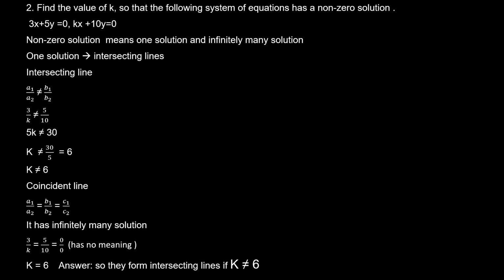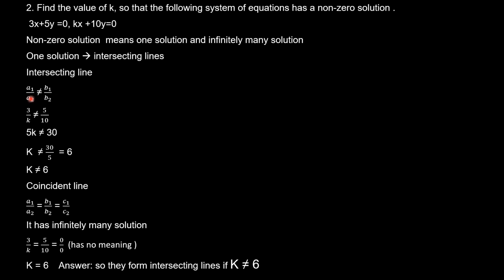Find the value of k so that the following system of equations has a non-zero solution. Non-zero solution means it can have one solution or infinitely many solutions. One solution means it is an intersecting line, right?